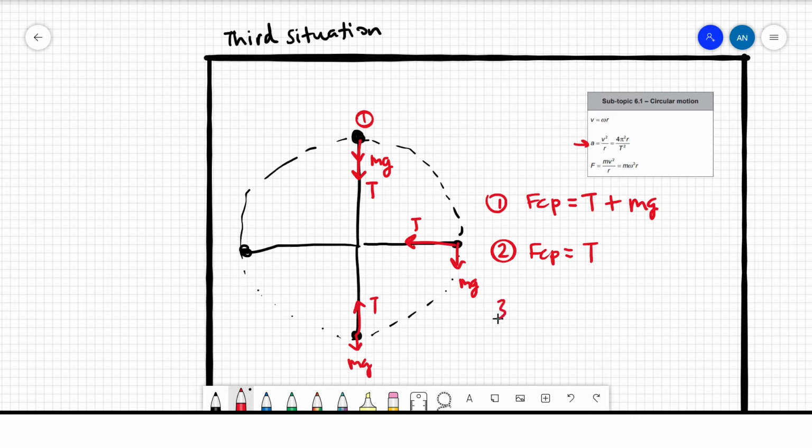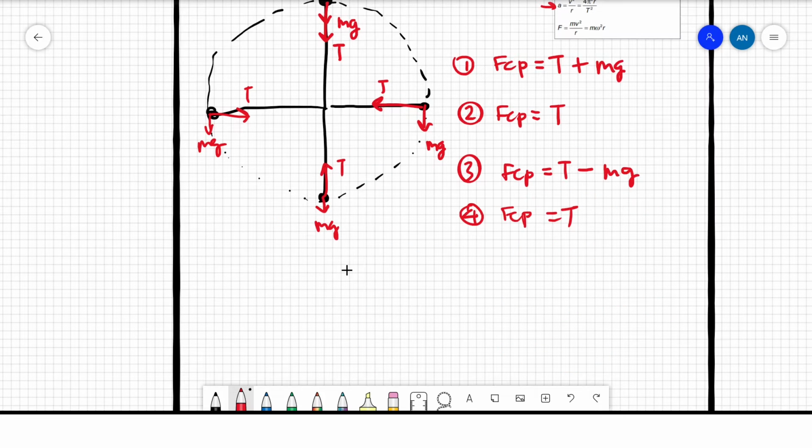So that means the third one is FCP equal to tension minus mg. And the final situation again is tension and mg. It's the same scenario as with the second part, which is FCP equal to T. As I said before, this is not the absolute basics, so this will be quite difficult to imagine if circular motion is completely new to you.